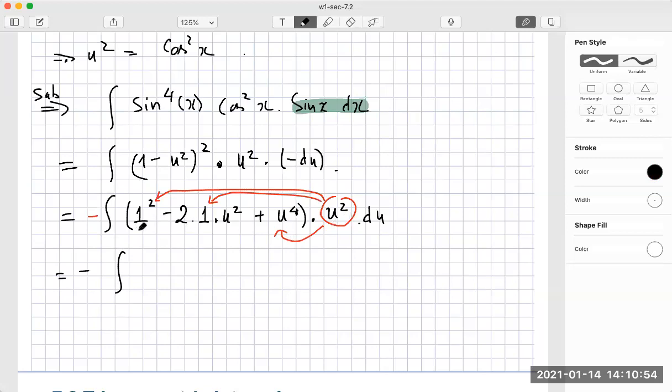And 1 square is simply 1, right? So 1 square times u square, what is it? Very good. And next. Yes. 2u square times u square gives us 2u to the 4th. And the next term? u to the 6th. Very good. Beautiful.